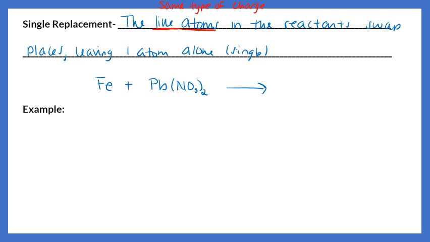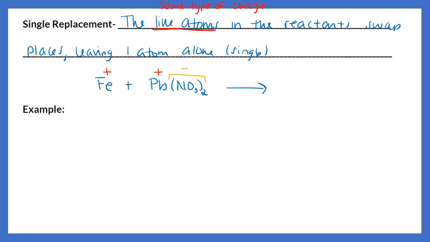Okay, so iron, Fe, is a metal. It has a positive charge. Lead is a metal. It has a positive charge. NO3 is a nonmetal. It has a negative charge.